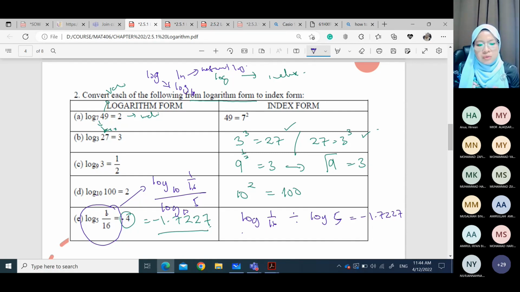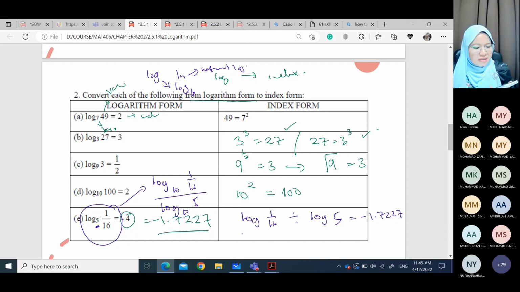Ini kaedah kita tukarkan kepada log base yang lain, daripada base 5 kepada base 10. Kalau pakai kalkulator yang dah upgrade, katakan 570 ataupun yang atas daripada 991, tak perlu. You just plug in, masukkan je dalam kalkulator. Okay, terima kasih ma'am. Sama-sama.